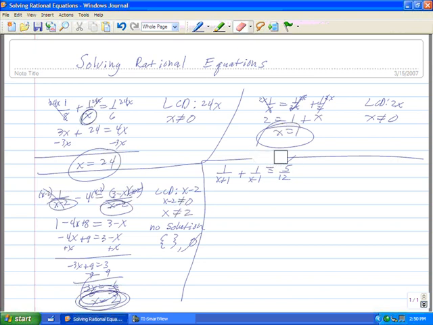I believe that's going to be different this time, though, because with linears, you can solve for the x outright. With this one, if it turns into a quadratic, we won't be able to do that. So our LCD is going to be the x plus 1, the x minus 1, and a 12. So that's our LCD.